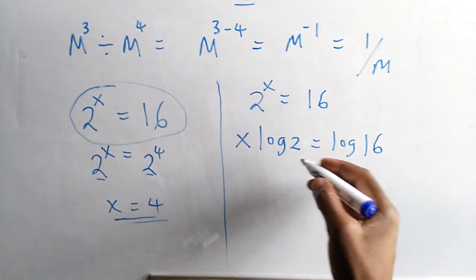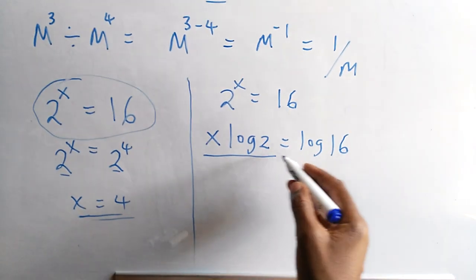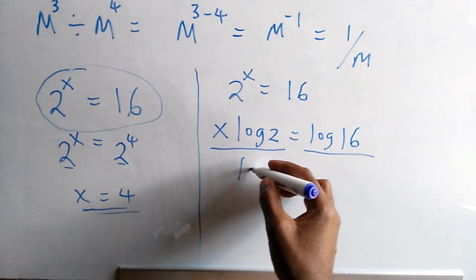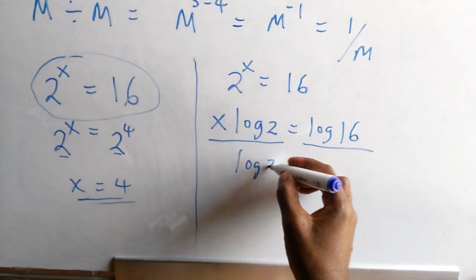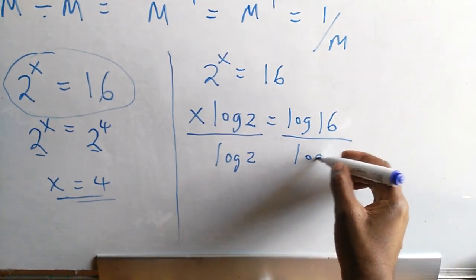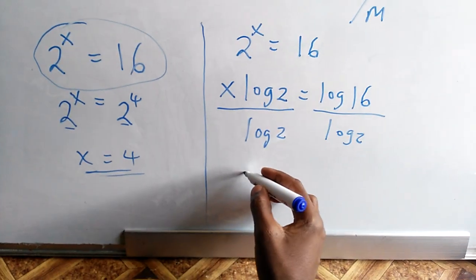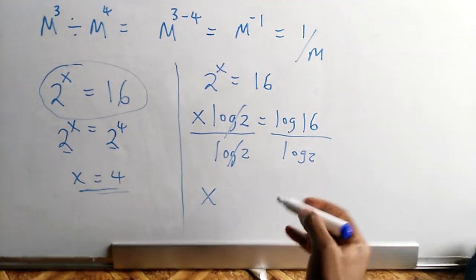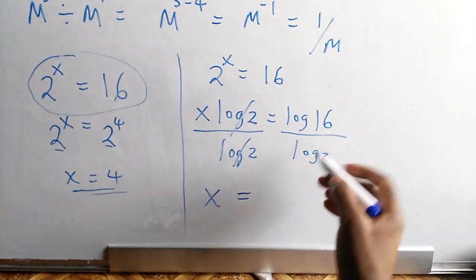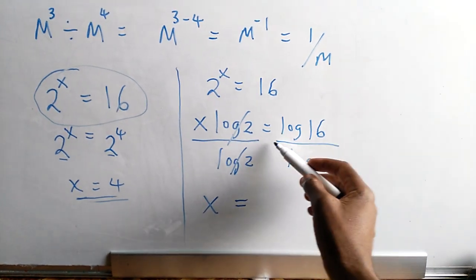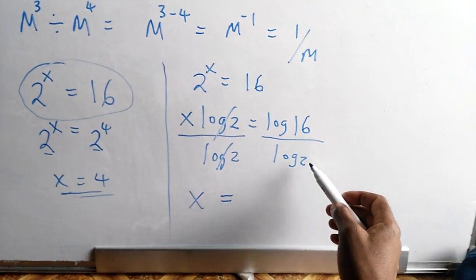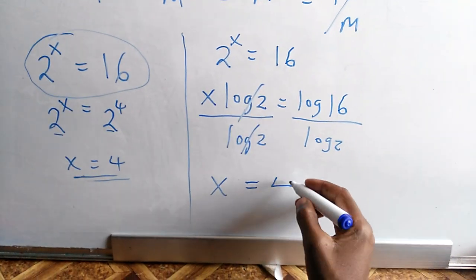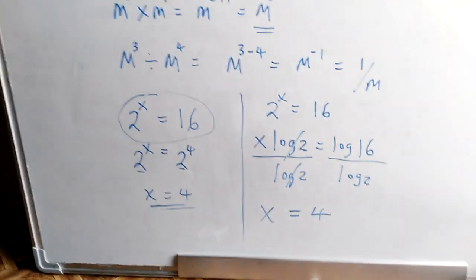We'll therefore say, divide both sides by logarithm of 2. What will happen is, once you get the logarithm of 16, log 16 divided by logarithm of 2, your answer will be 4.